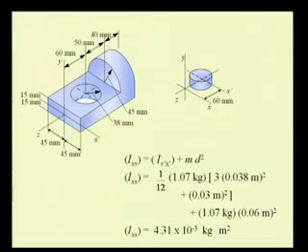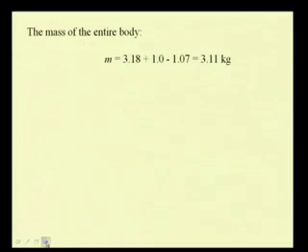So, now we can do the required algebra, that is we sum the second moments of the prism plus the second moment of the semi cylindrical feature, and we negate the component corresponding to the hole or the cylindrical feature.